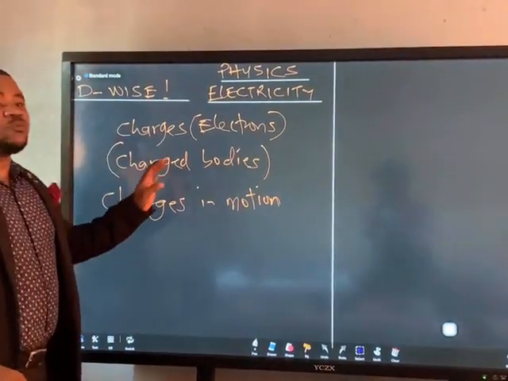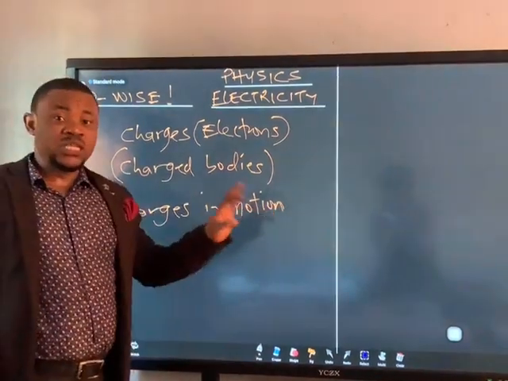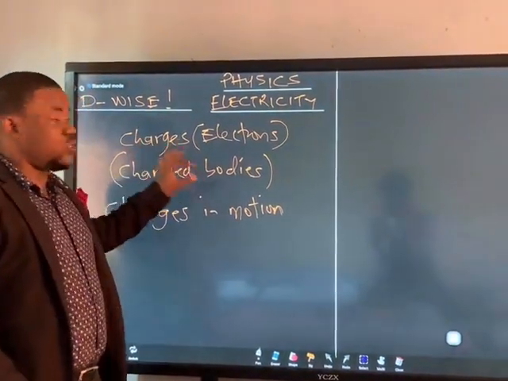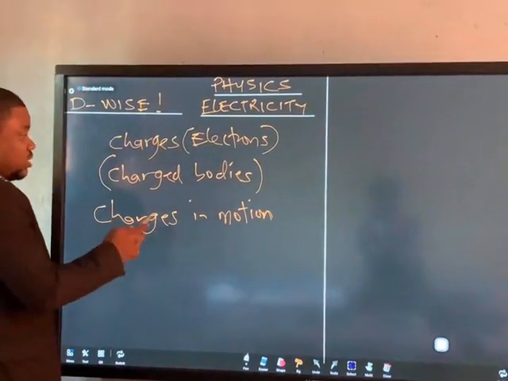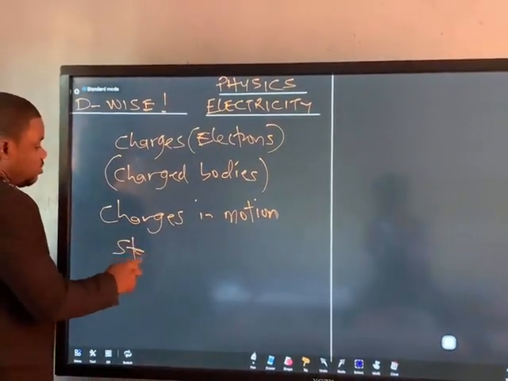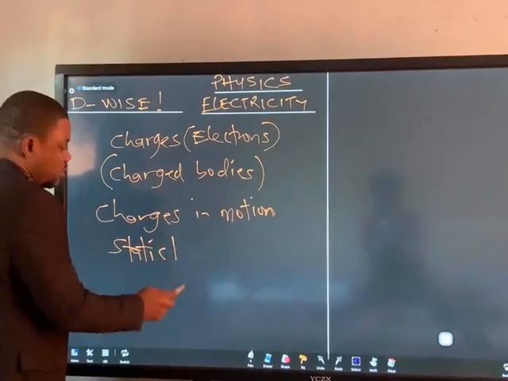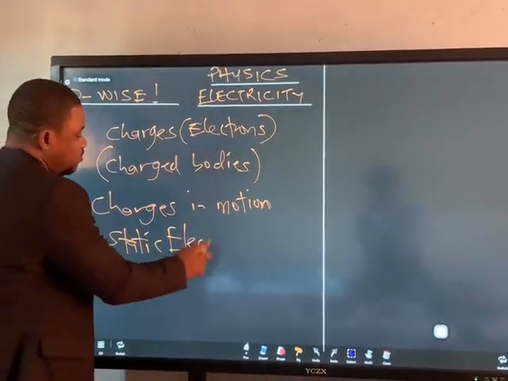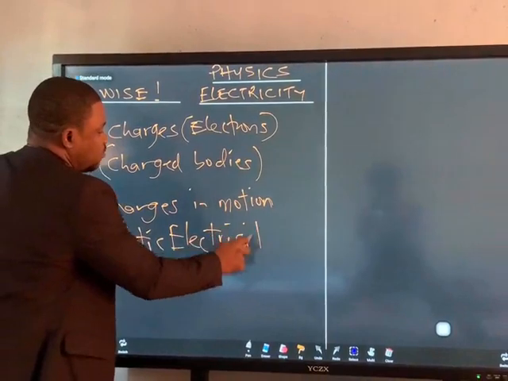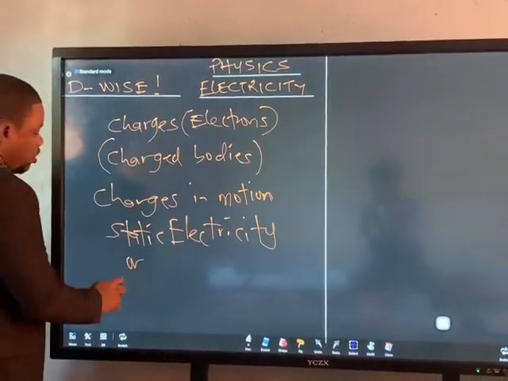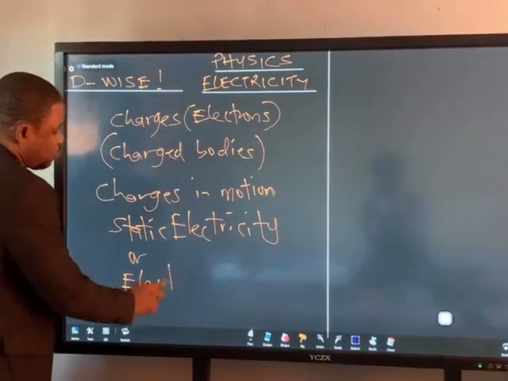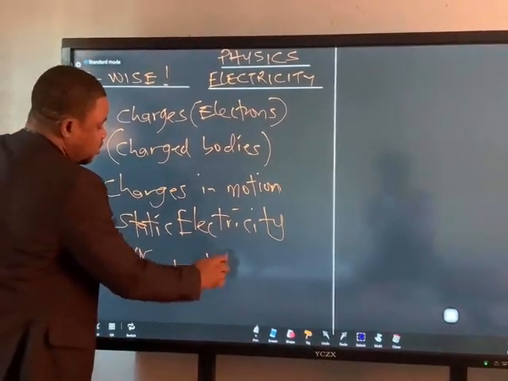We're talking about charged bodies without the charge moving. That's just the charges on the body. We said that is static electricity, or we can call that electrostatic. That was where we started from.